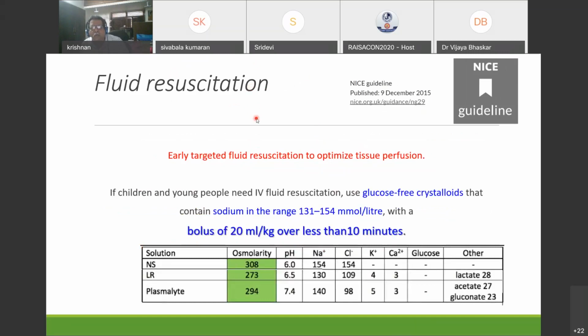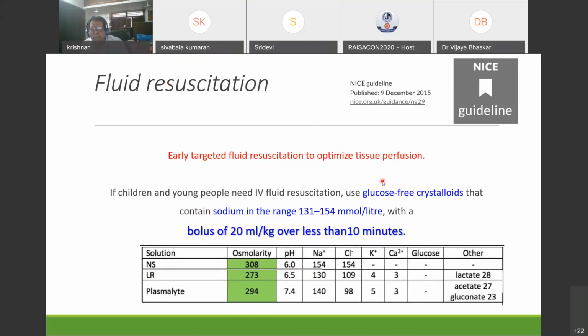Replacement has got two parts. One is resuscitation, another is replacement. When the patient's BP is down, when the patient is hypovolemic, it is an emergency situation which requires resuscitation. So early targeted fluid resuscitation, our idea is to optimize tissue perfusion so the cells will get oxygenated.